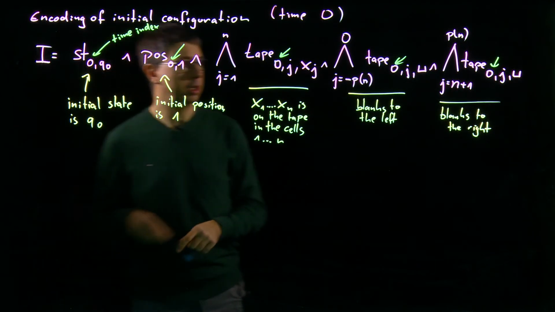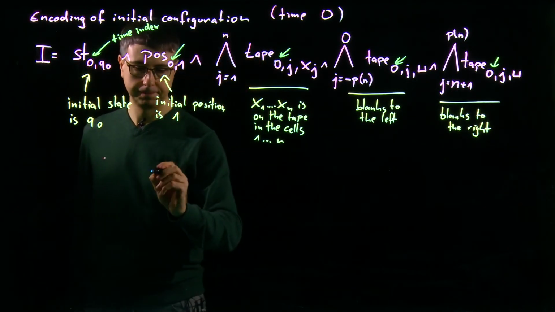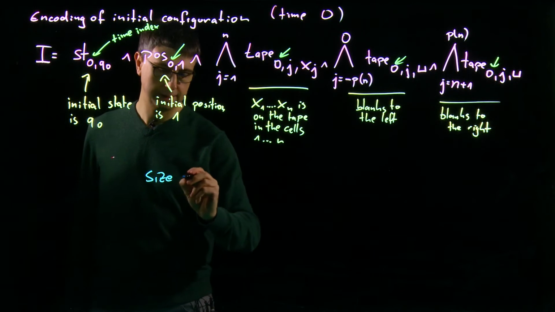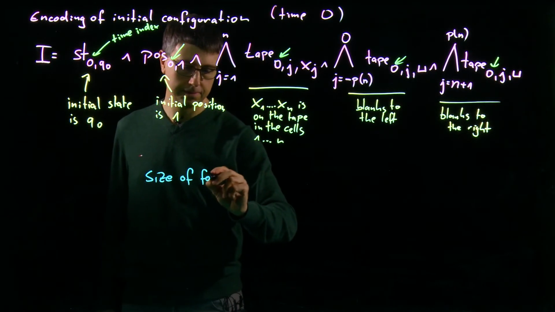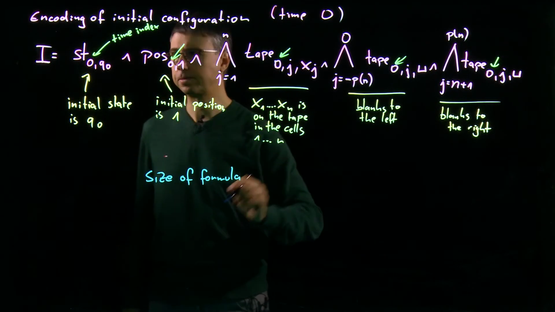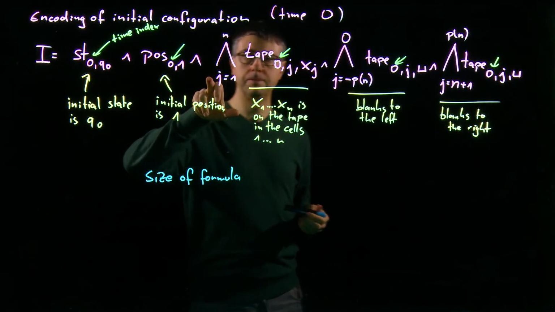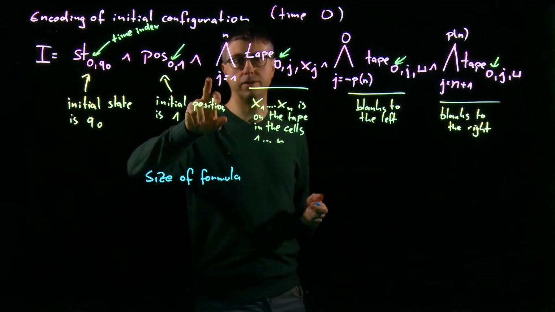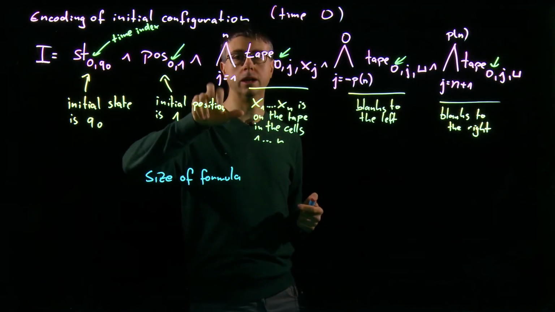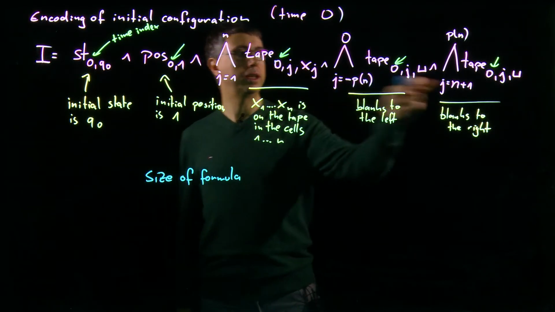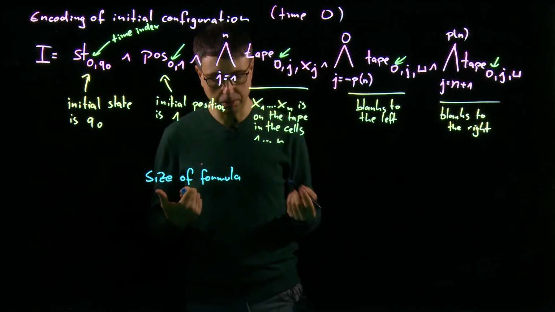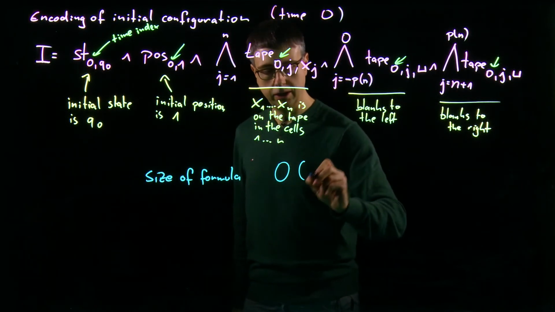Now let's have a look at the size of the formula. Okay, this is constant, this is constant. This one here depends, of course, on the length of the input, so it's in O of P of n. And this one as well. So the size of the formula is actually in O of P of n.